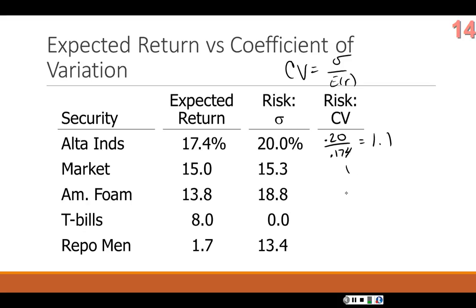For American Foam, it's 18.8 divided by 13.8, so 1.4. 0 divided by 8 is 0. 13.4 divided by 1.7 is 7.9. So this allows comparison for our different securities.